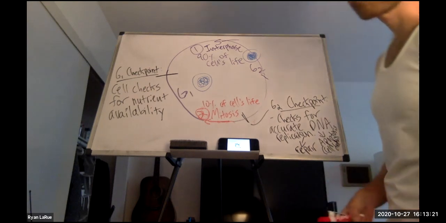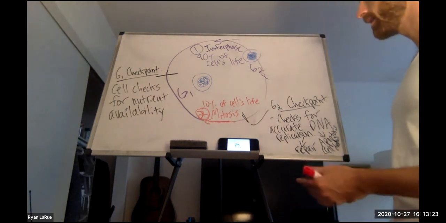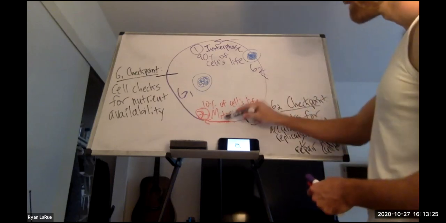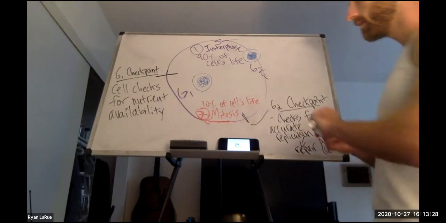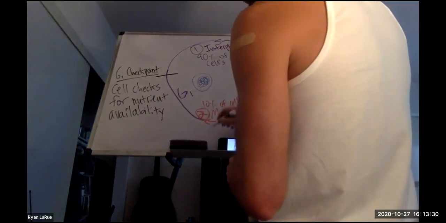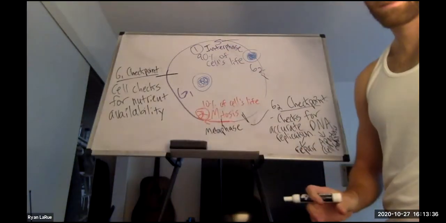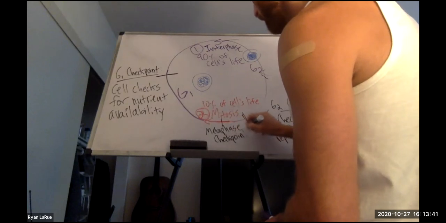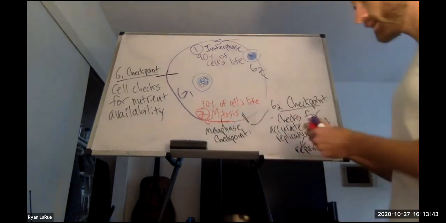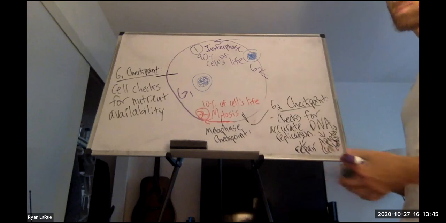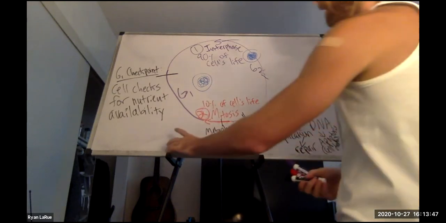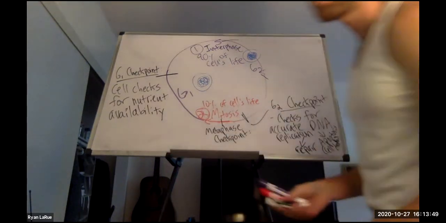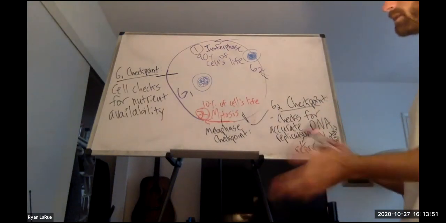Okay, and the last checkpoint, the last two minutes here, is actually during mitosis. It happens at metaphase, so this is a metaphase checkpoint. Of course, metaphase we're going to talk about next time, because it's during mitosis. You won't understand what this means yet until we talk about mitosis, but you'll know next time when you look back at it.